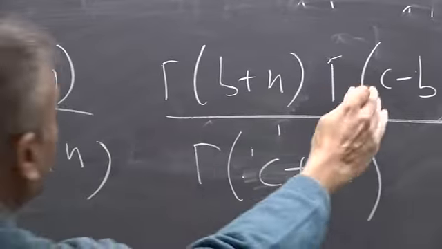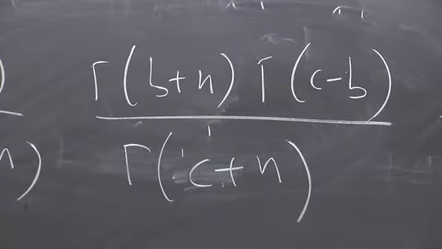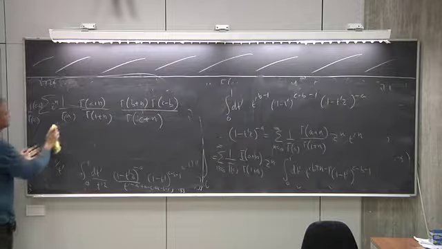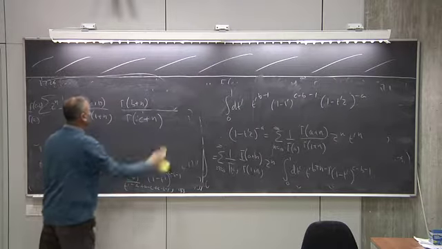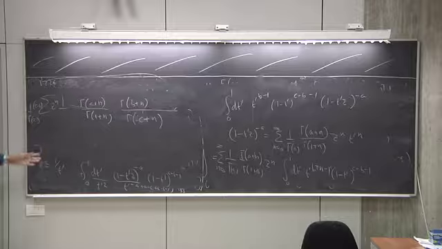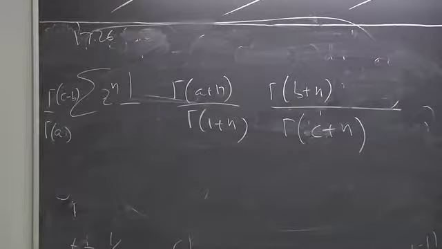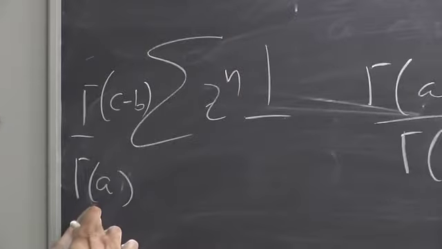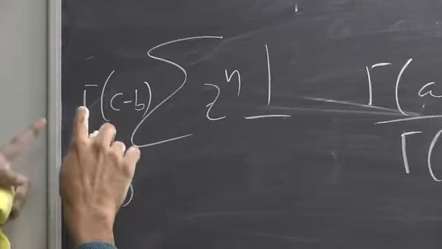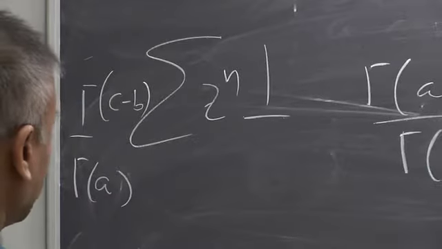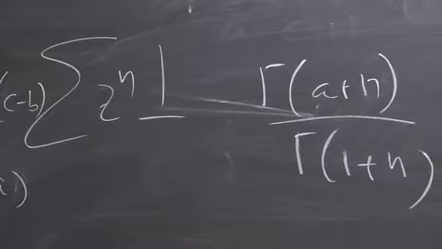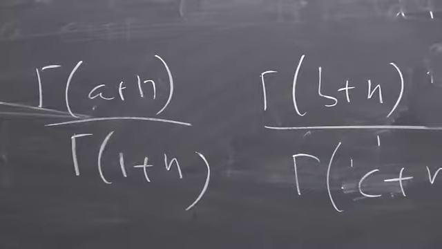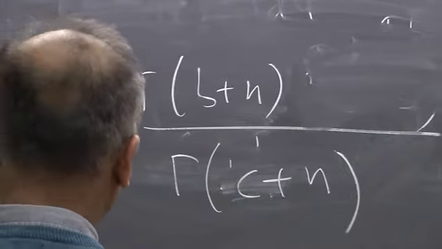These are constants, n independent, so let me take them out: gamma a and gamma c minus b. And this is what you recognize. This is exactly the series expansion for the hypergeometric function F(a,b,c;z), up to overall constants. In fact, for the hypergeometric function F(a,b,c;z), it was gamma c over gamma a, gamma b, times this expansion, this part.